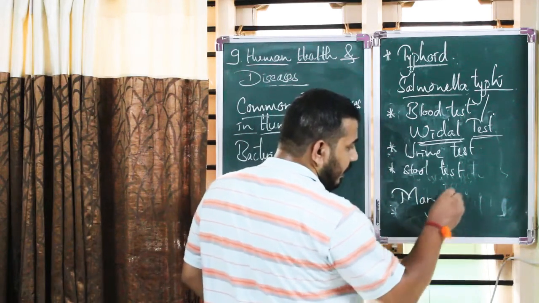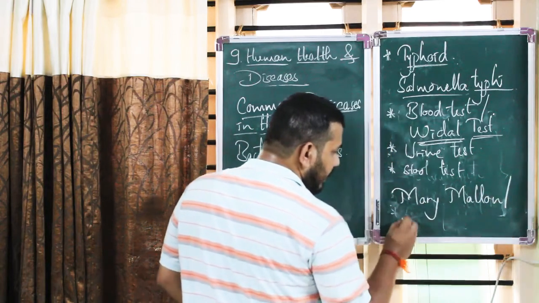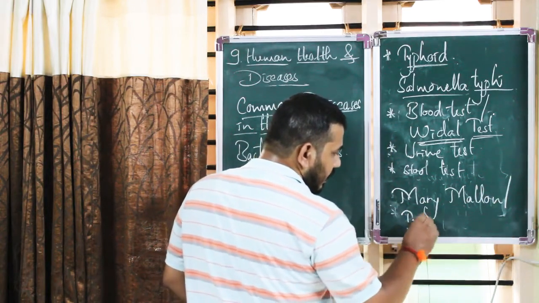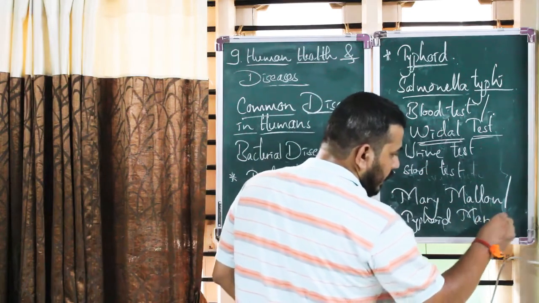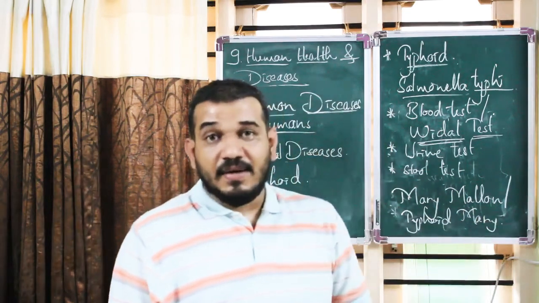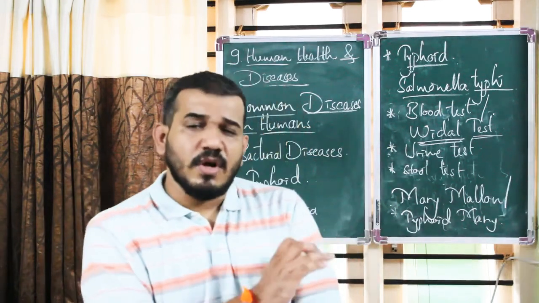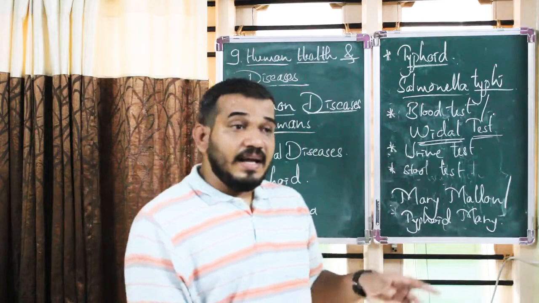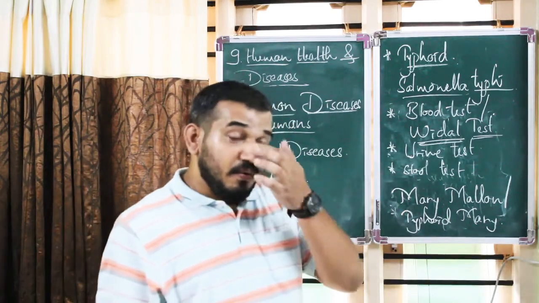Mary Mallon, famously known as Typhoid Mary. Now in the 1900s, when America was developing, when New York City was developing, an Irish lady came to New York, and she was a famous cook.